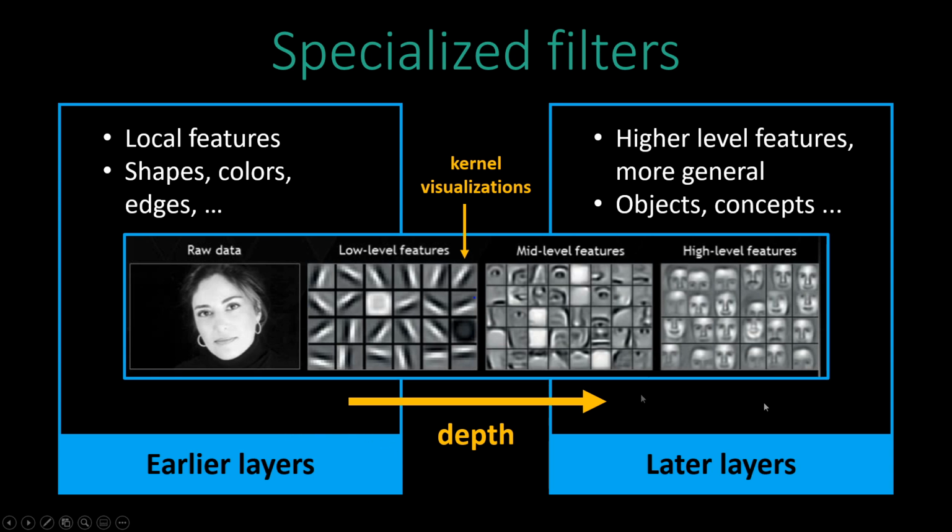This depth dimension shows that these are some of the early convolution operations, so some kernels from the early stages, whereas these are somewhere in the middle, and these are from the deeper parts of the network.